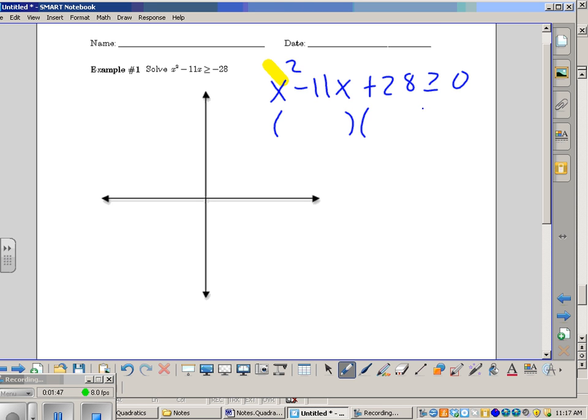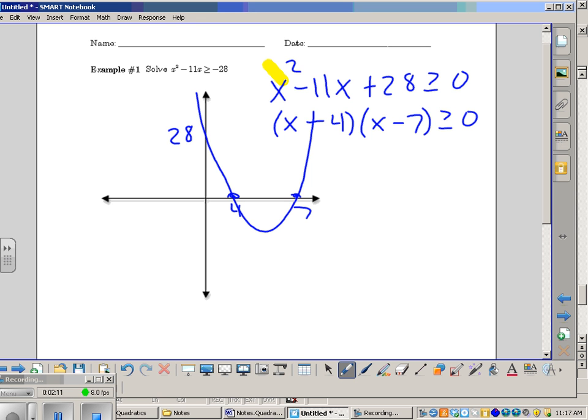So let's factor. Here's my quadratic. It looks like the roots are positive 4, positive 7. So let's do a rough sketch. Y-intercept's 28.